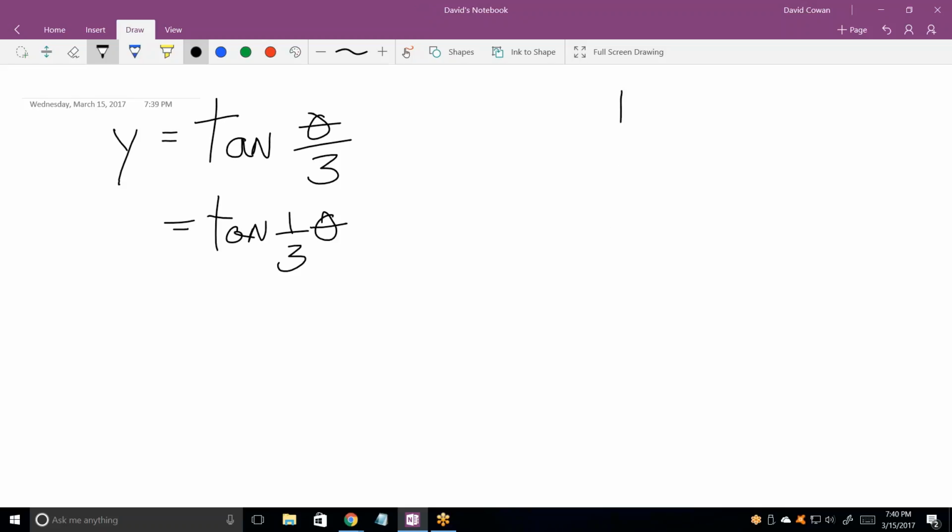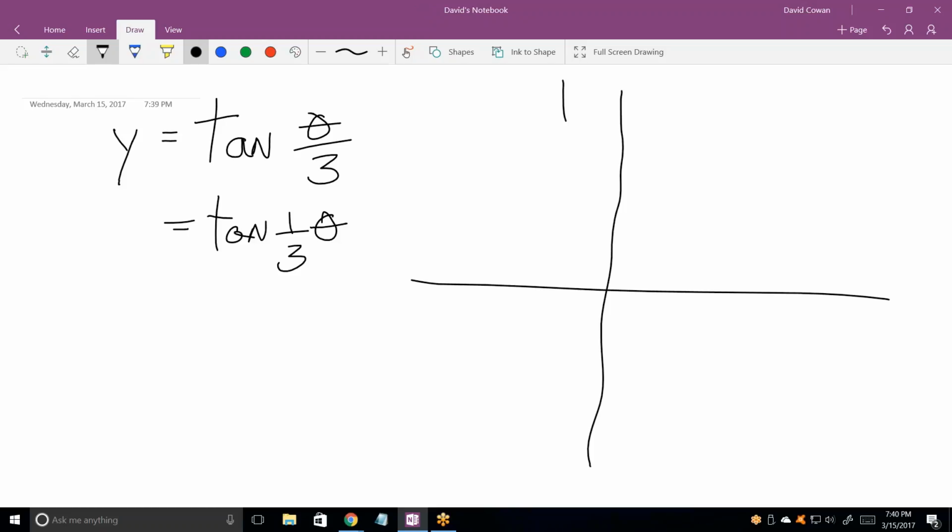Well, let's draw the tangent. Tangent also has asymptotes. What's the period of the tangent? It's only pi. It's not 2 pi. Regular tangent has a period of pi.